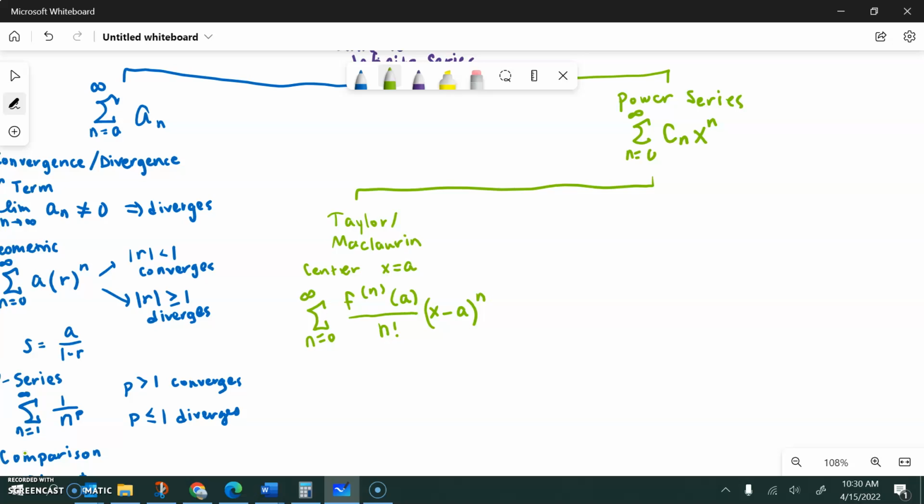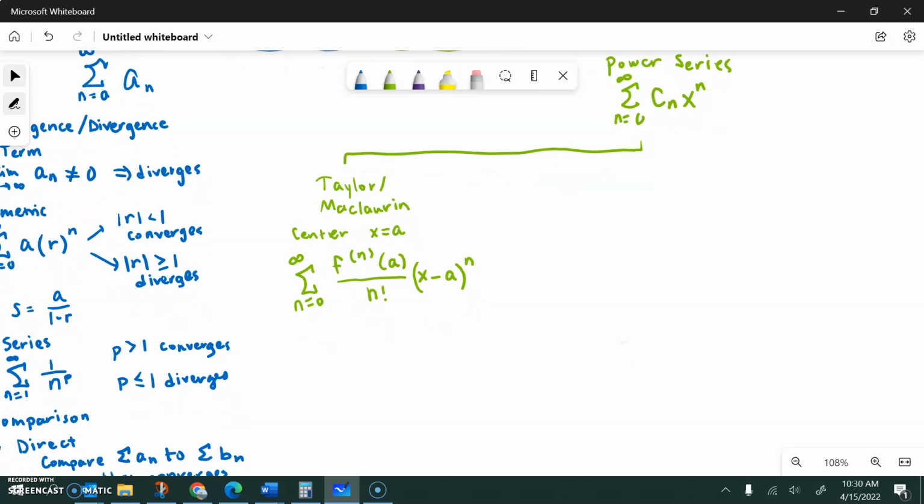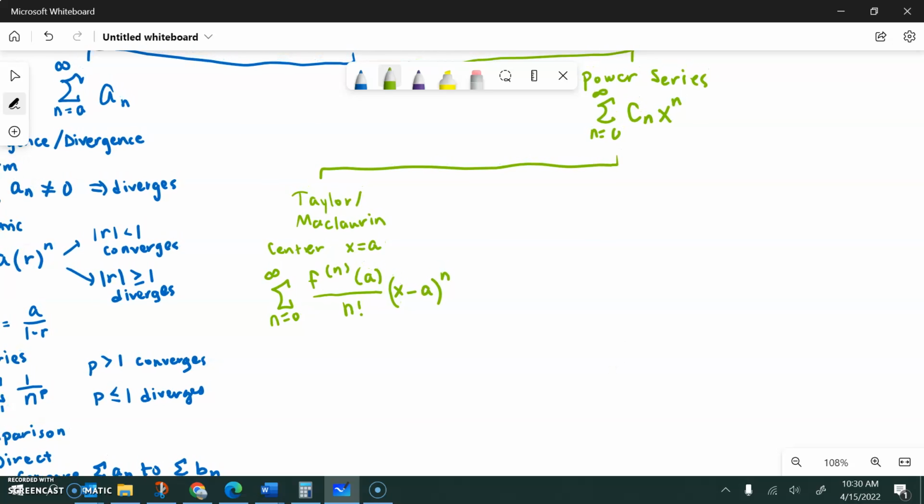My next term would be the second derivative evaluated at a divided by 2 factorial. So that's how I create one myself. So this would be creating a Taylor or Maclaurin polynomial. Remember, if it's Maclaurin, that just means that you're centering at x equals 0.